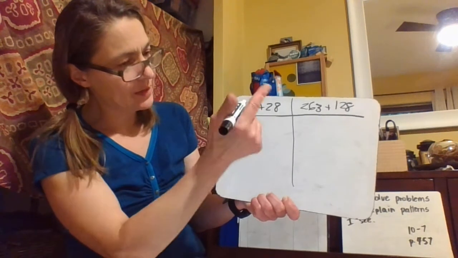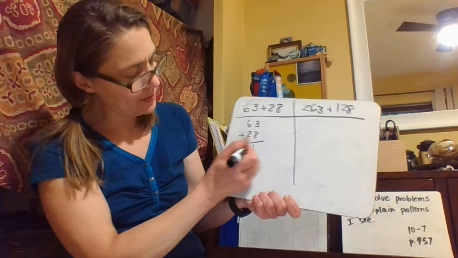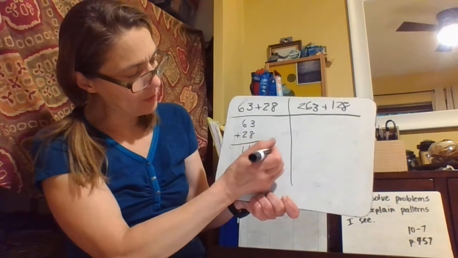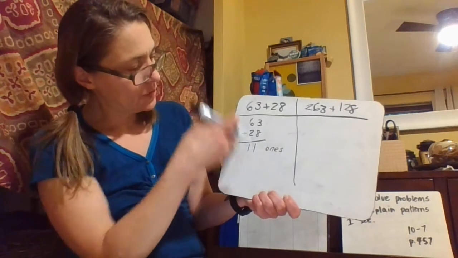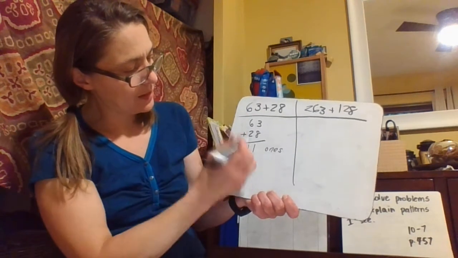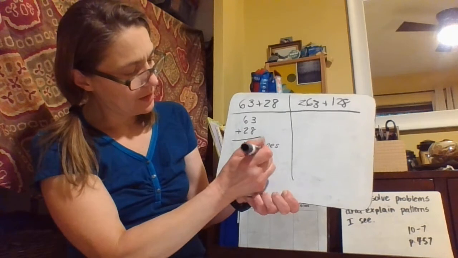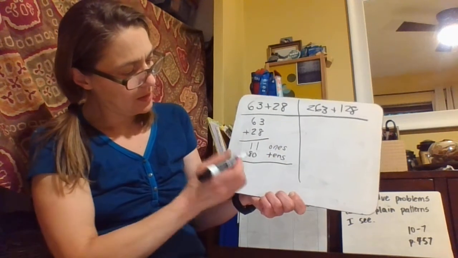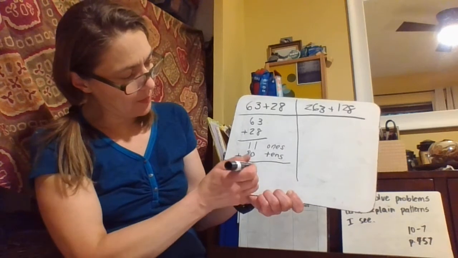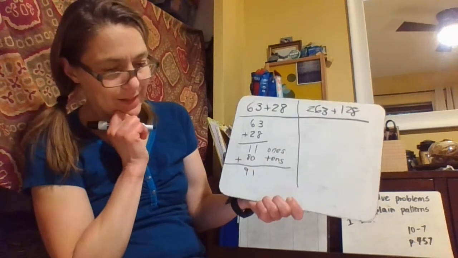So 8, 9, 10, 11, and we'll put 11, and we'll write ones there so we don't get confused, and then we'll add the tens. So 6, 7, 8. 8 tens is 80. And then we'll write tens there so we know what that is, and then we'll do our sum line and the plus sign, and then we'll add them up. And I get 91.